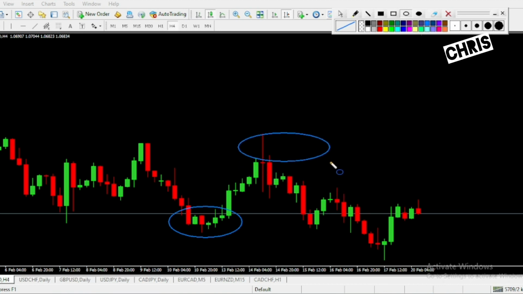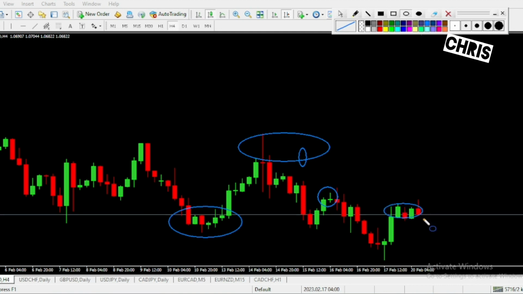These are the key zones that I am marking. So we have this one. We also have this one. So these are small redistribution.